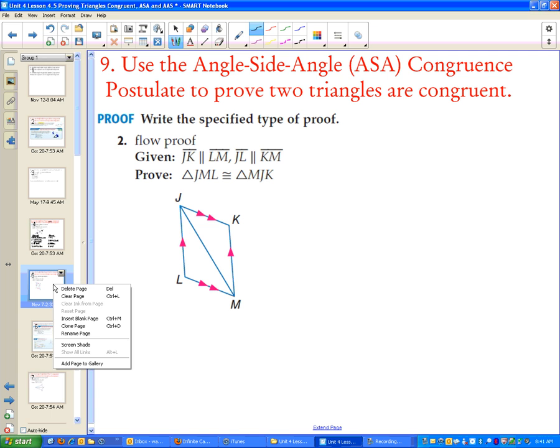This time they want us to do a flow proof. Let's try to do a flow proof together. Okay?